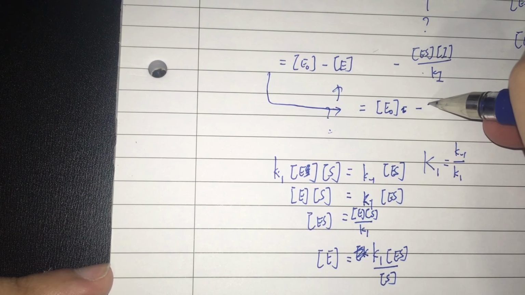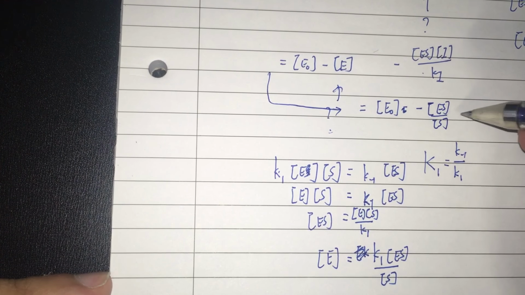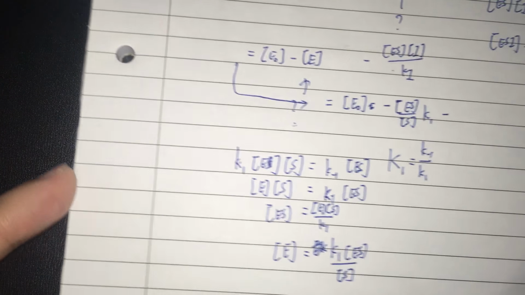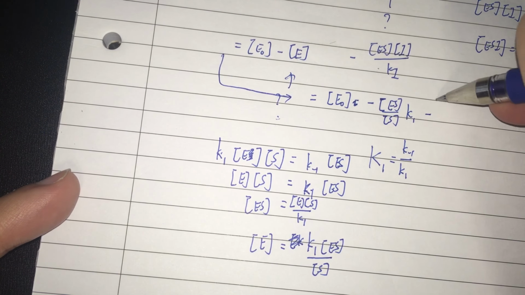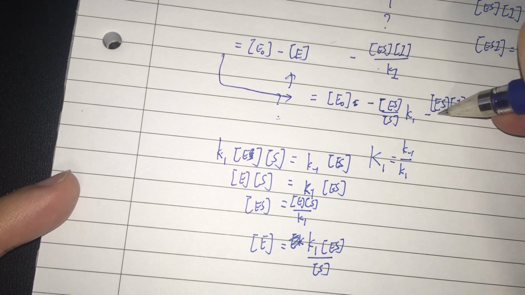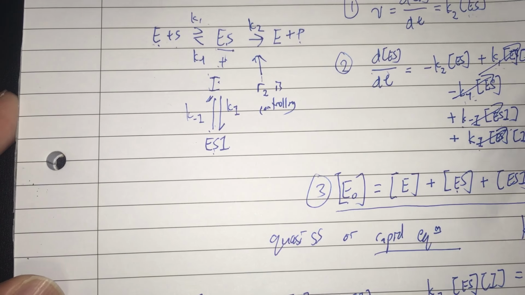So E naught minus E, which is ES over S times big K1, minus ES into I over Ki. Now let's bring this over to another page so it's neater. I'm going to shift this around here so it's a lot easier to see.